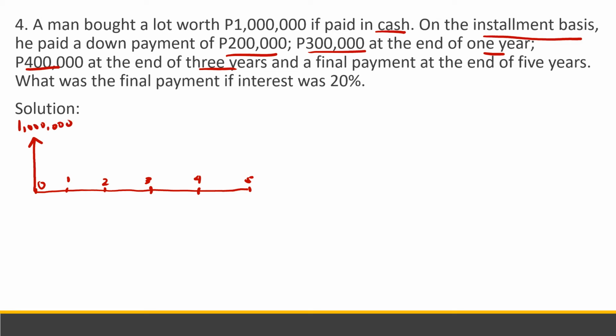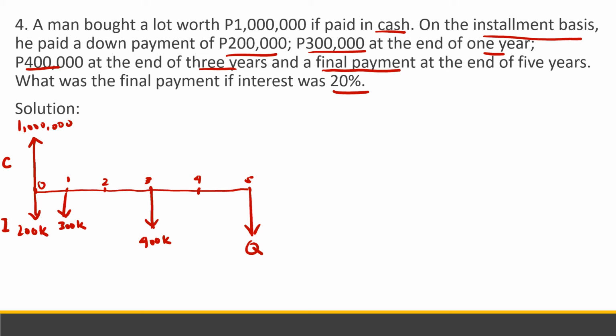But on installment basis, he will make a down payment of 200,000 at first. And then at the end of 1 year, there is 300,000. And then at the end of 3 years, he pays 400,000. And at the end of 5 years, what is the final payment? At 20%. So this is what we will look for.